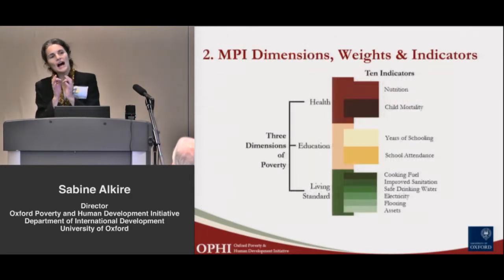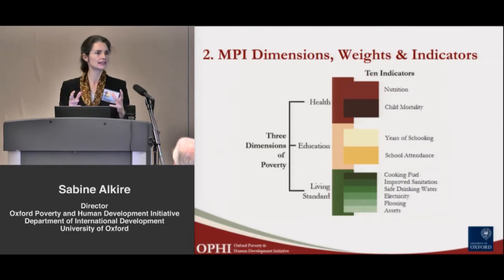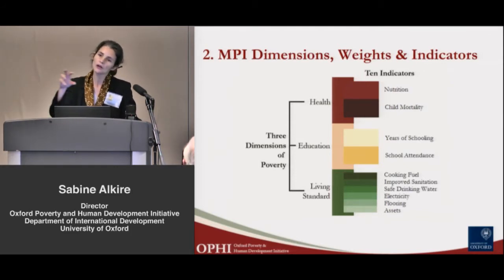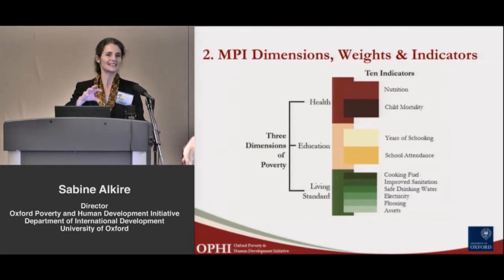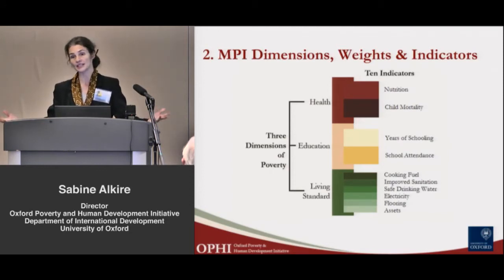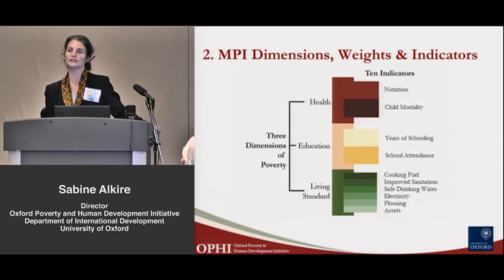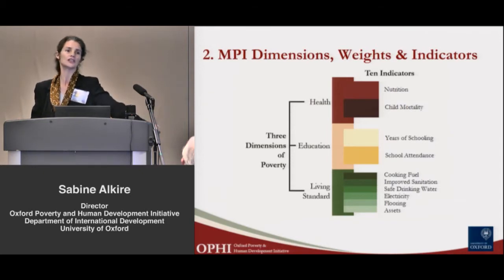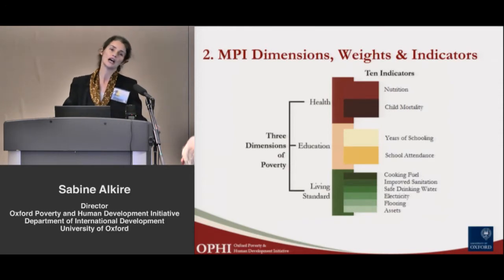And the household is the unit of analysis, in the sense that you are looking at the overlapping deprivations that are experienced at the household level. That was driven by the data that we had. We could not go to the individual level, so we cannot look at gender or at age or other relevant features given the data sets that we have.